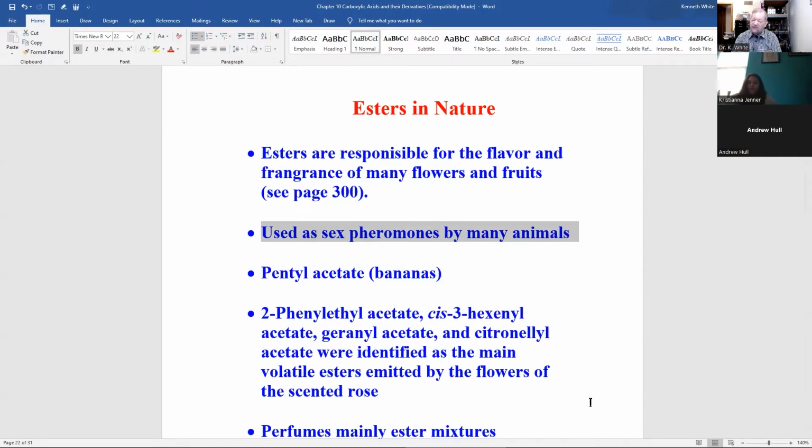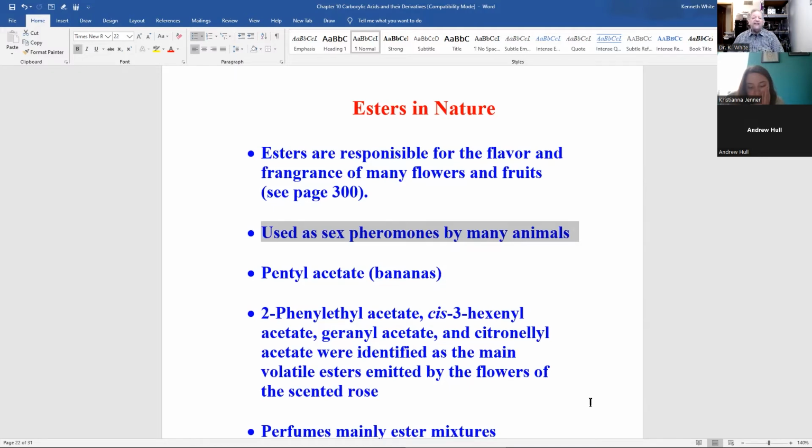Well, it turns out Mother Nature, who's a great organic chemist, came up with an idea, where when an animal is in heat, wants to reproduce, it gives off a chemical that attracts the male of the species. And that chemical is an ester. Dogs, cats, and many mammals give off esters as sex pheromones. And insects too. Scientists have been able to attract all the males of a certain insect and kill them by using a sex pheromone for that insect.